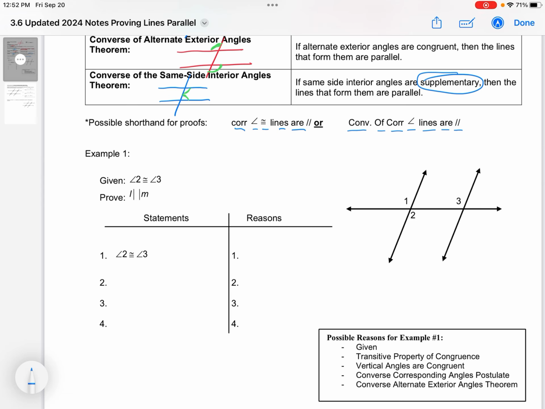All right. That gave us that angles 2 and 3 are congruent. What are those called? Those are called alternate interior angles.